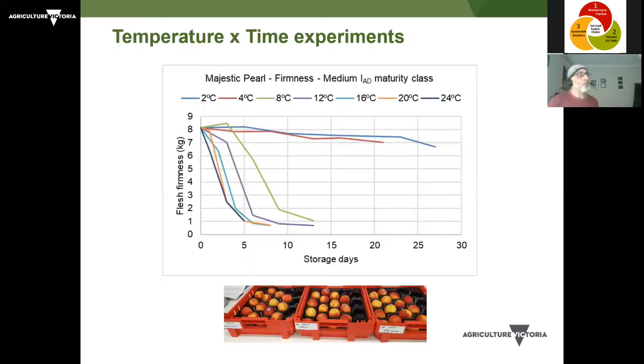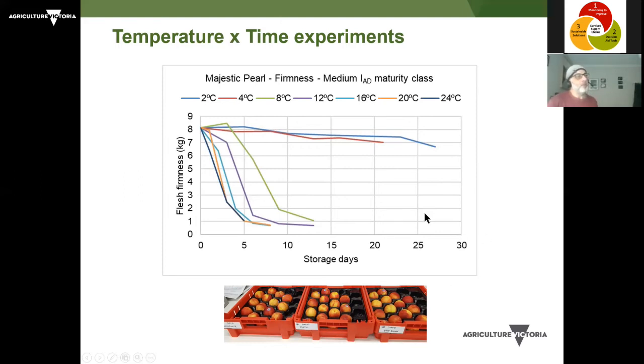And just showing you what a temperature time experiment is. This is from Majestic Pearl. What we basically do is take samples of fruit and store them at different temperatures for different storage periods. We come up with these changes in flesh firmness at different temperatures and for different storage periods.